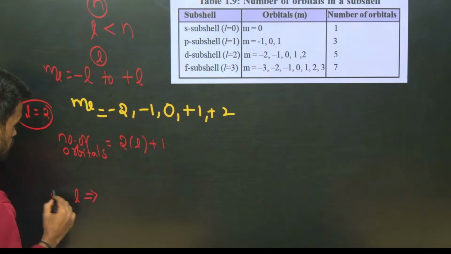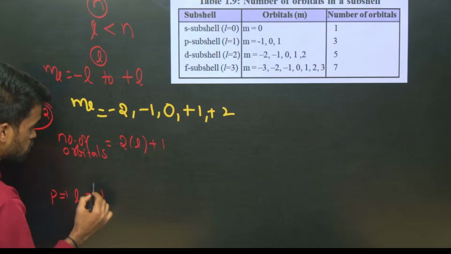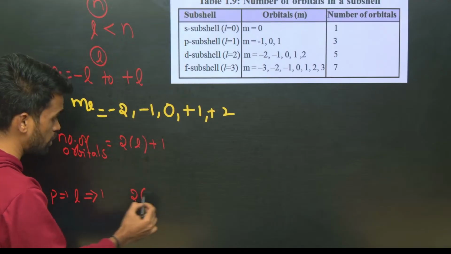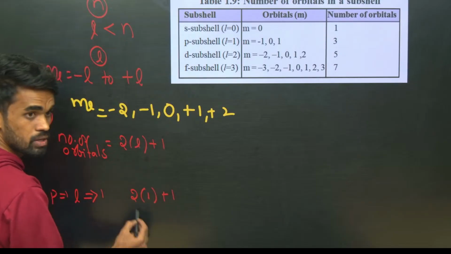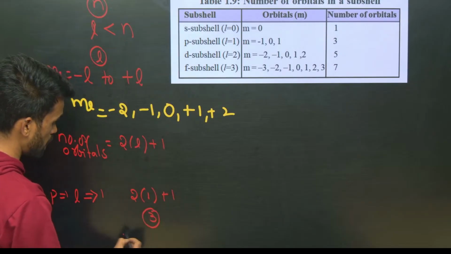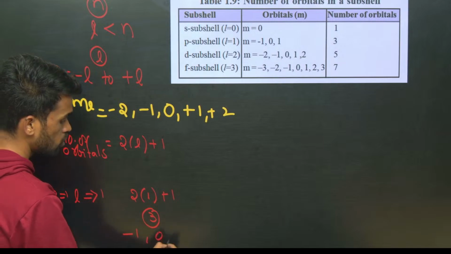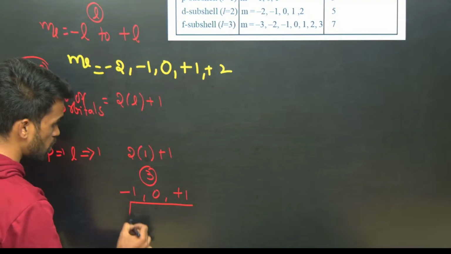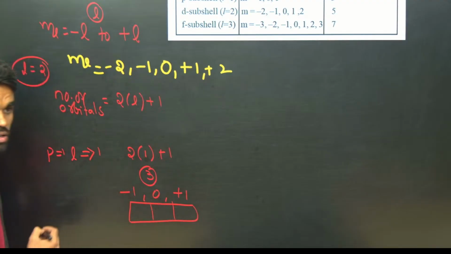P is 1. So what number of orbitals is possible? 2L plus 1, L value is 1, so 3. So you are saying minus 1, 0, plus 1. That's why we are writing 3 boxes here. Each box represents 1 orbital.